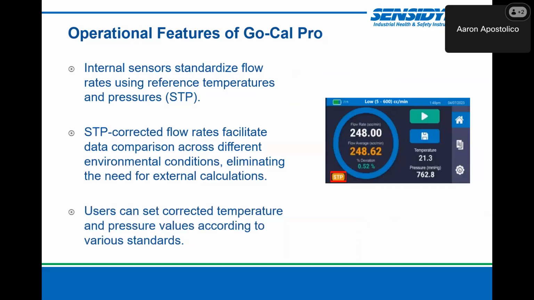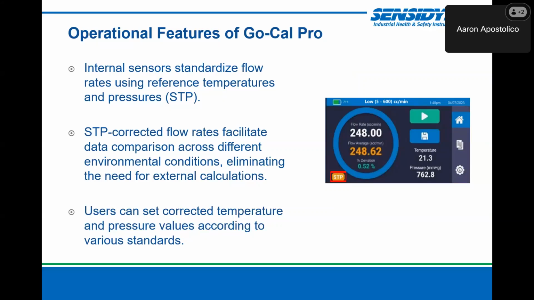Internal sensors within the unit can also standardize the flow rates using reference temperatures and reference pressures. Now, the STP corrected flow rates facilitate data comparisons across different environmental conditions. I'll give you a quick example. Let's just say you were calibrating your sample pumps in the field and the temperatures in the morning are 62 degrees outside.